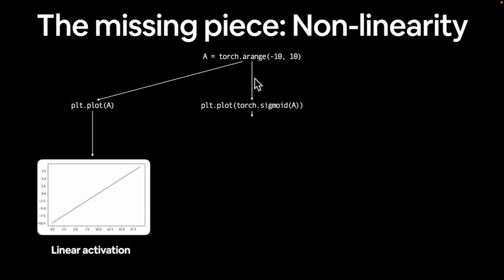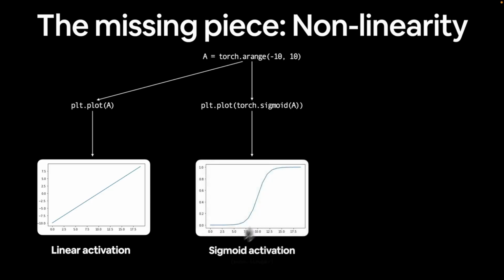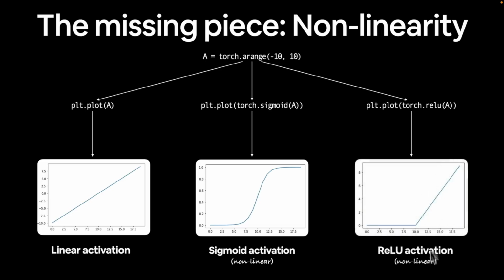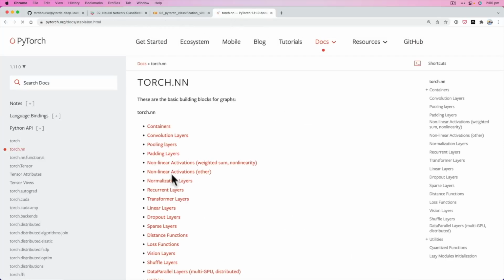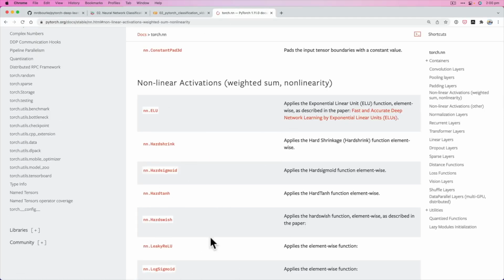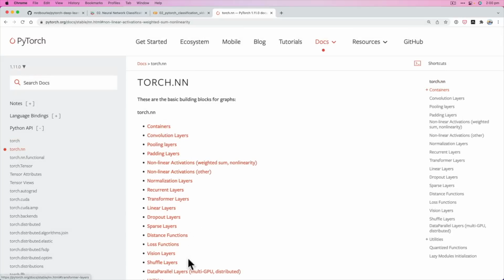And then if we wanted to do sigmoid, we get this curve here. And then if we wanted to do ReLU, well, we saw how to replicate the ReLU function as well. These both are non-linear. And of course, torch.nn has far more non-linear activations where they came from, just as it has far more different layers. And you'll get used to these with practice, and that's what we're doing here.